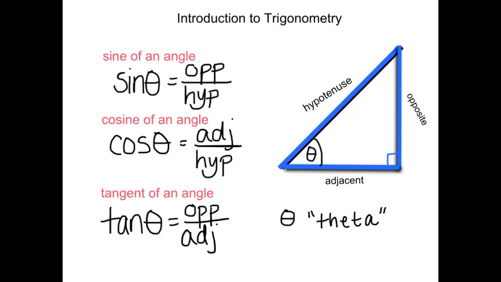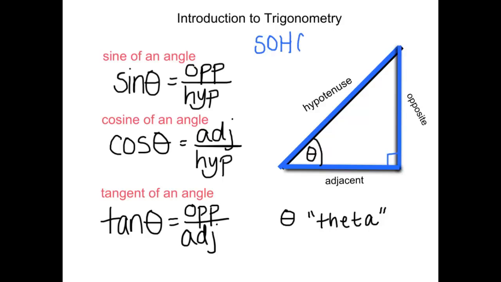Do you know a nice way of remembering how these ratios exist? Well, if you don't, there's a cool word that helps us. It's not really a word, I guess, but it's more of a mnemonic device. The sine of an angle is the opposite side over the hypotenuse, SOH.